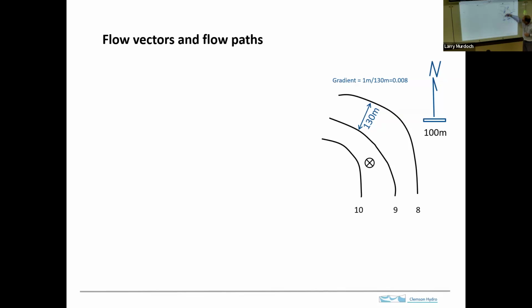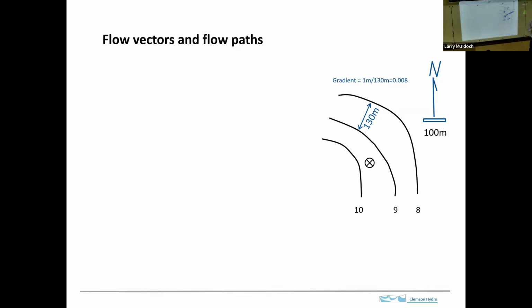If the flow starts here, I could say that the contour that comes through here is like that. So the flow is going to start like this, cross this contour here, and then it looks to me like it's probably going to curve a little bit, so it crosses that contour. So the flow path from recharge that starts there looks like that. We do it by estimating the flow path locally, having it cross these contours in perpendicular fashion.